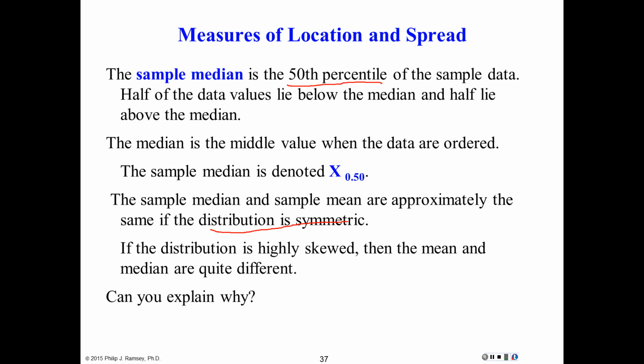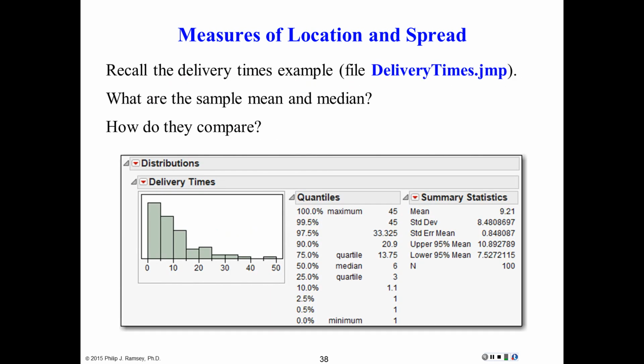Because remember, the average is like the center of gravity. So if you have a long right tail, the average will be pulled towards that tail in order to balance the distribution. Likewise, if it had a long left tail, the mean would be pulled to the left by that tail. But the median is unaffected. It's simply the middle value. Okay. So here's an example.